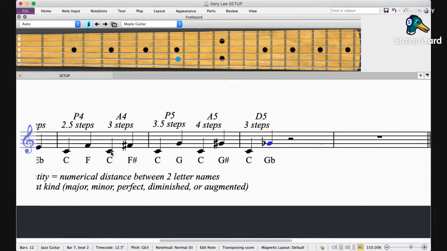So this is a good example of these two intervals being exactly the same, but they have different names because C to F sharp is a fourth, C, D, E, F. However, C to G flat is a fifth, C, D, E, F, G. And they're both 3 steps apart and both have the same sound. So sometimes a particular distance can have two names. Okay, let's keep going.